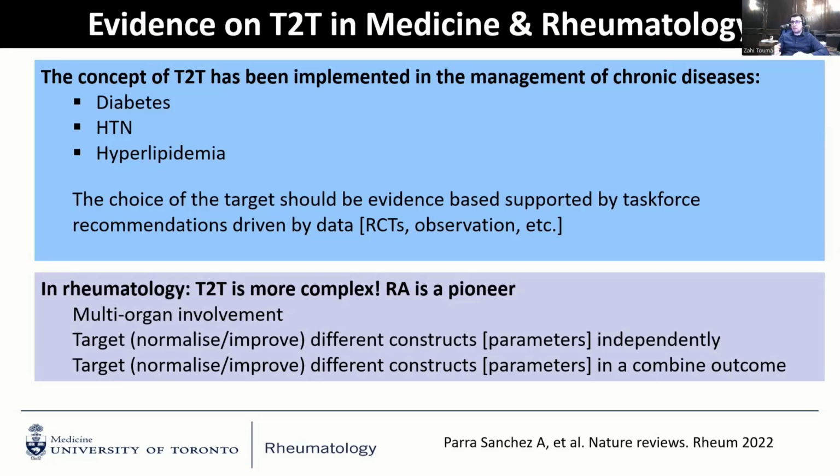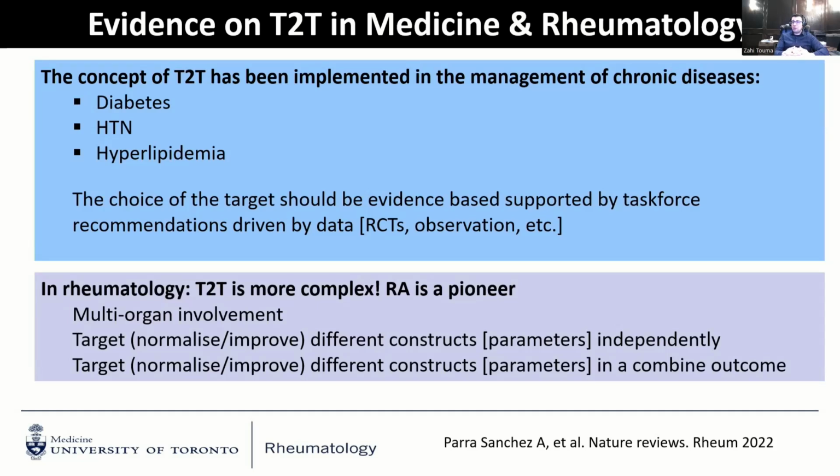And the choice of the target should be evidence-based, supported by task force recommendations, driven by data. And this data, at the top of the pyramid for the evidence of the data, is always randomized trials, followed by observational studies, case reports, and others.